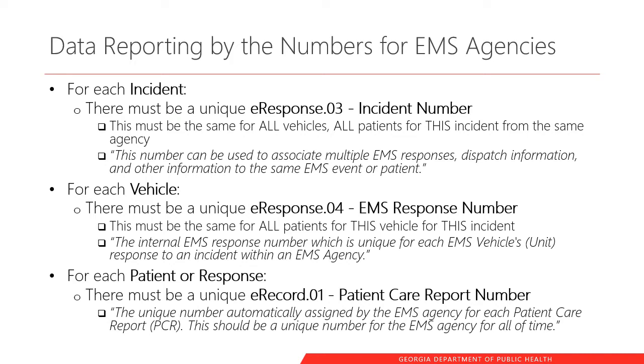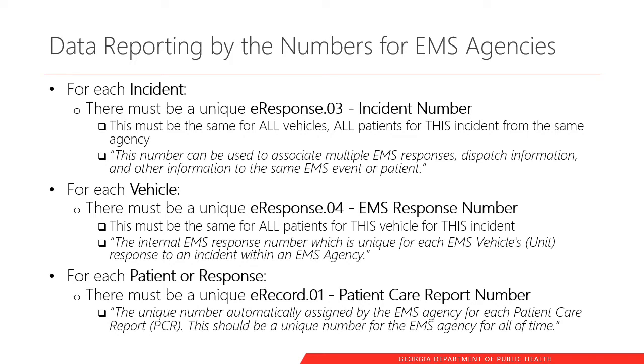Because what we don't want is if the agency decides to switch software vendors and they were just counting 1, 2, 3, 4, 5 for the patient care report number, we obviously don't want that number to be duplicated later. So it is best to use that as an auto-generated number. Sometimes that could be like a 32-digit random alphanumeric number on there.